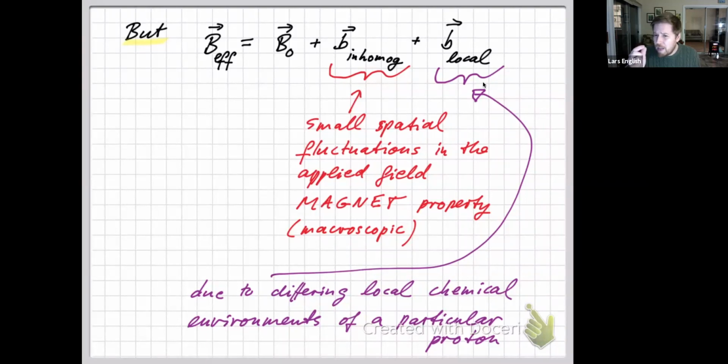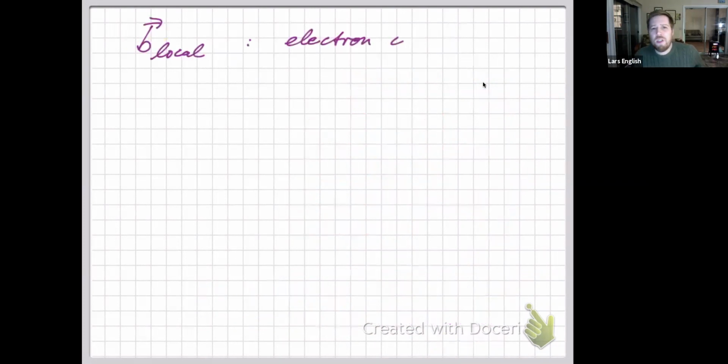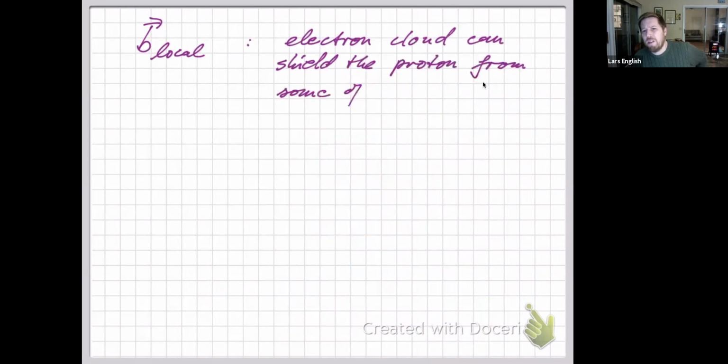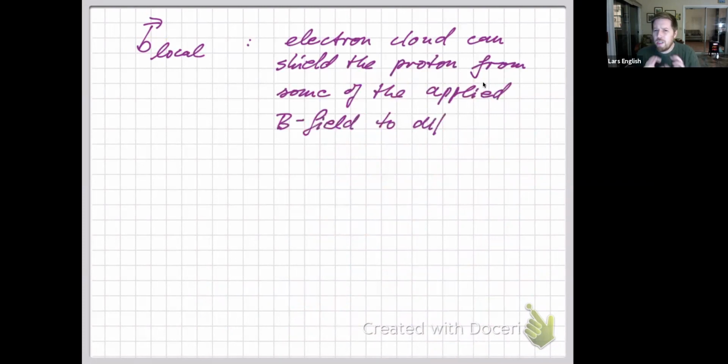There might also be microscopic variations in effective field due to particular chemical environments. So this B local is actually quite interesting, because electron clouds, for instance, can shield the nucleus from some of the applied field, to different degrees depending on the exact electronic environment.